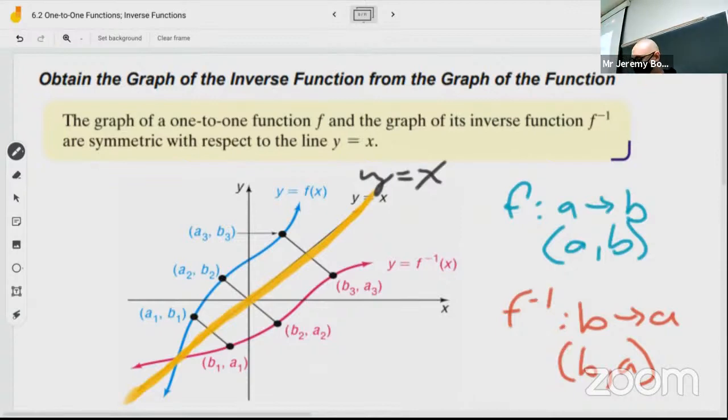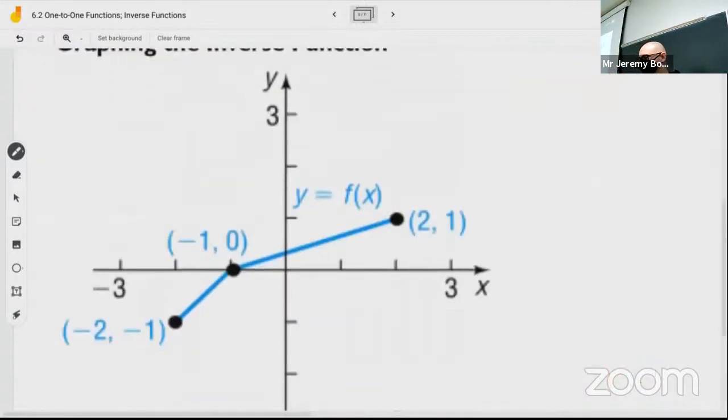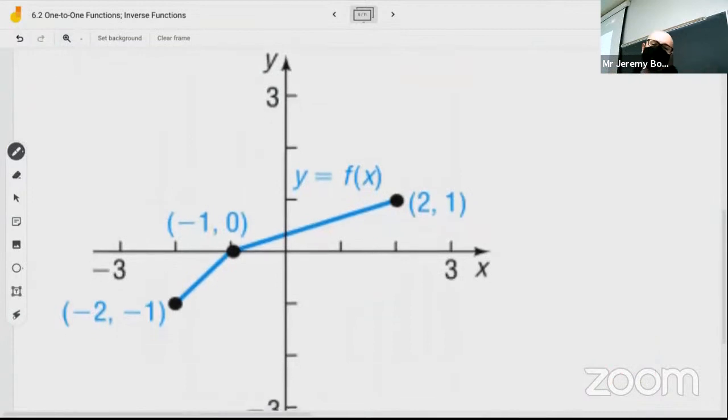So if this is the graph of my function, f of x, can we graph f inverse? If the original function has the point -2 comma -1, what is the inverse going to have? -1 comma -2, so that's going to be right here.